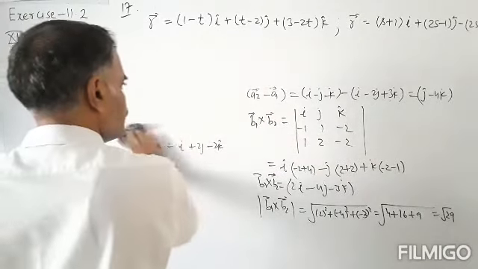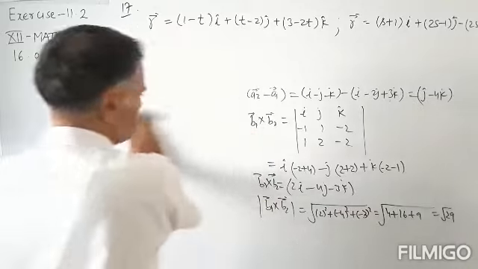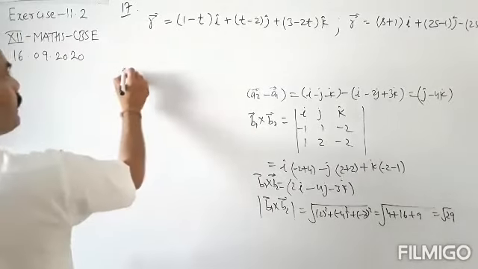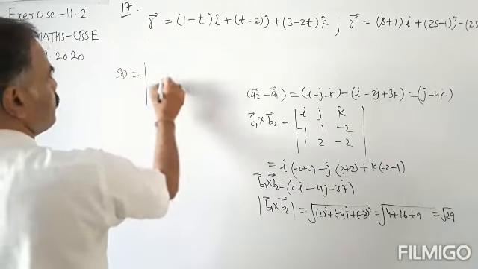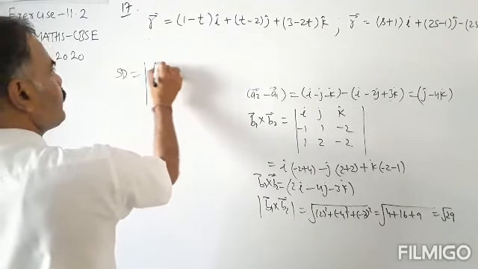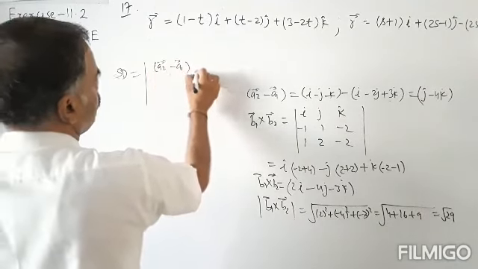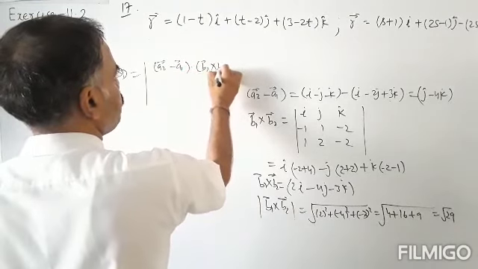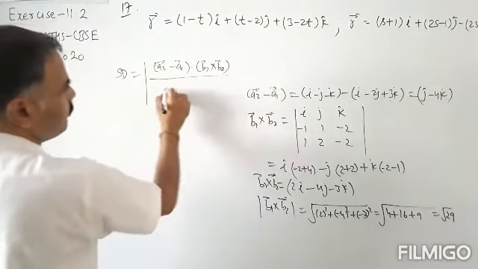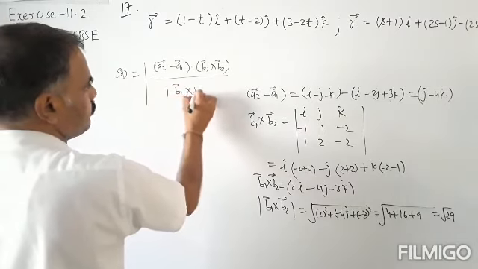So shortest distance equals A2 vector minus A1 vector dot B1 vector cross B2 vector divided by the magnitude of B1 vector cross B2 vector.